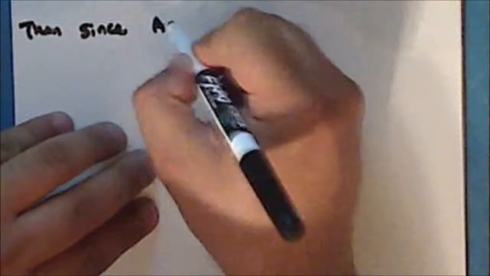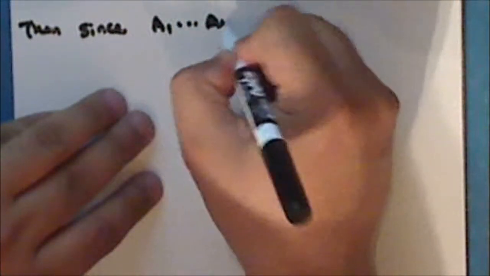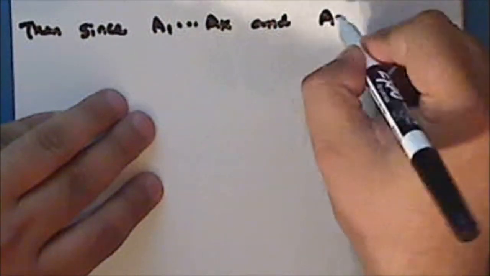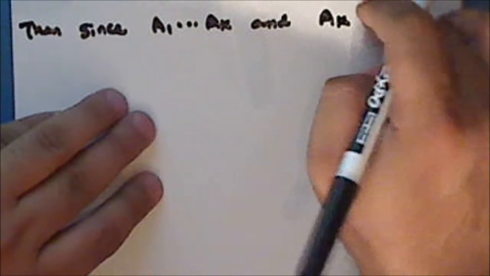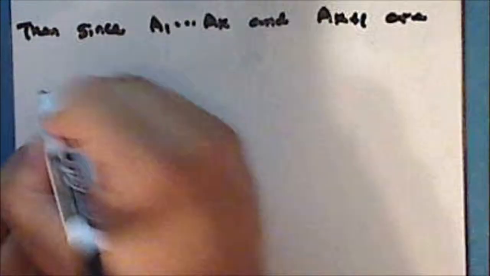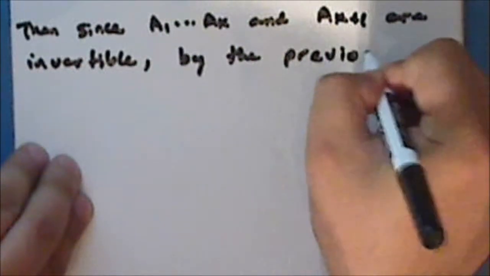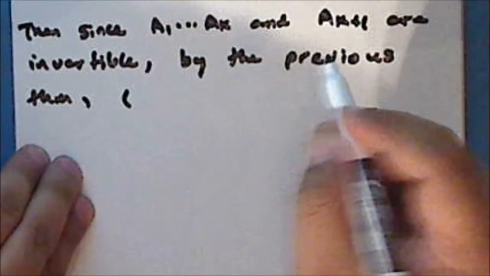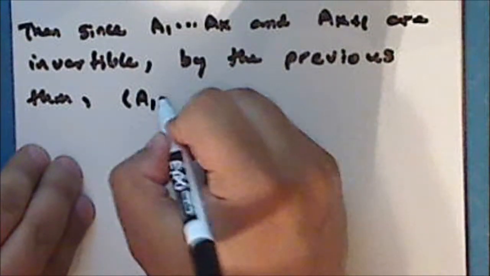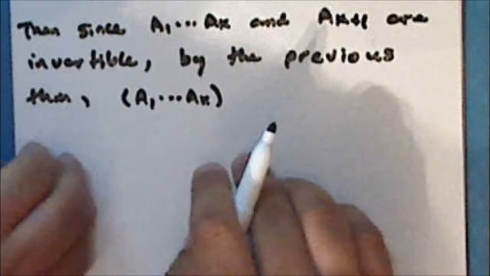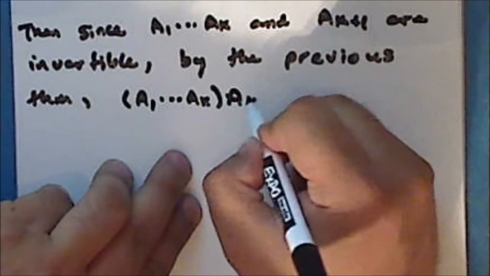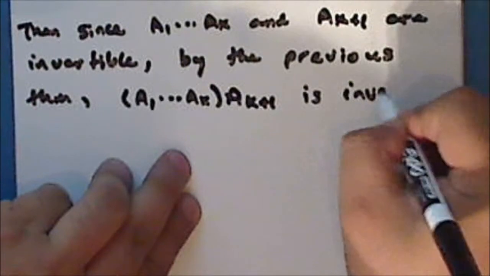Then, since the product A sub 1 through A sub k and the matrix A sub k plus 1 are invertible, by the previous theorem, we have that the product, the matrix A sub 1 through A sub k times the matrix A sub k plus 1, is invertible.